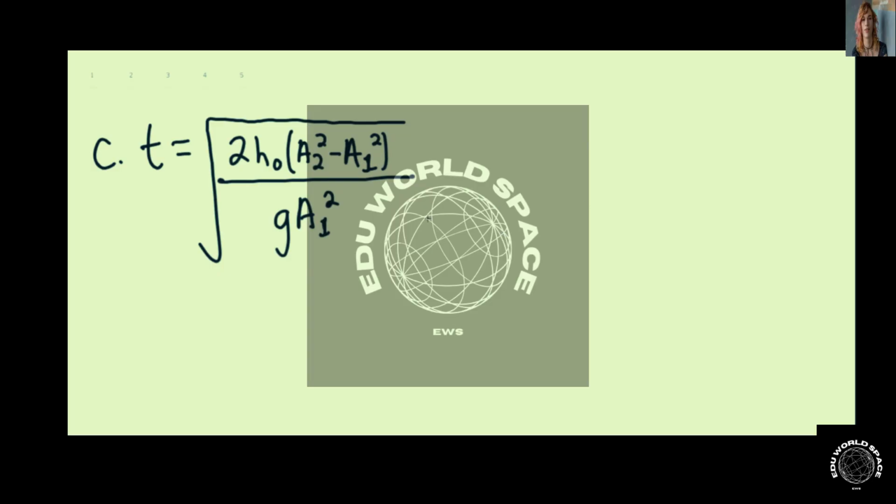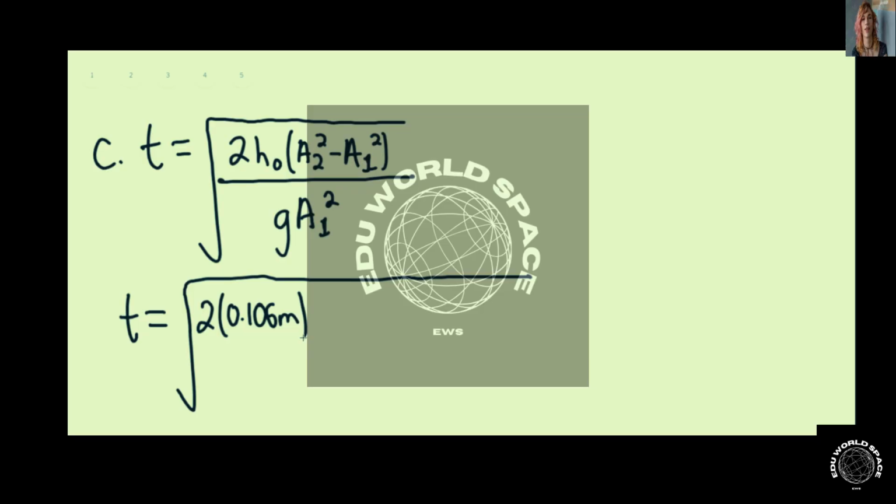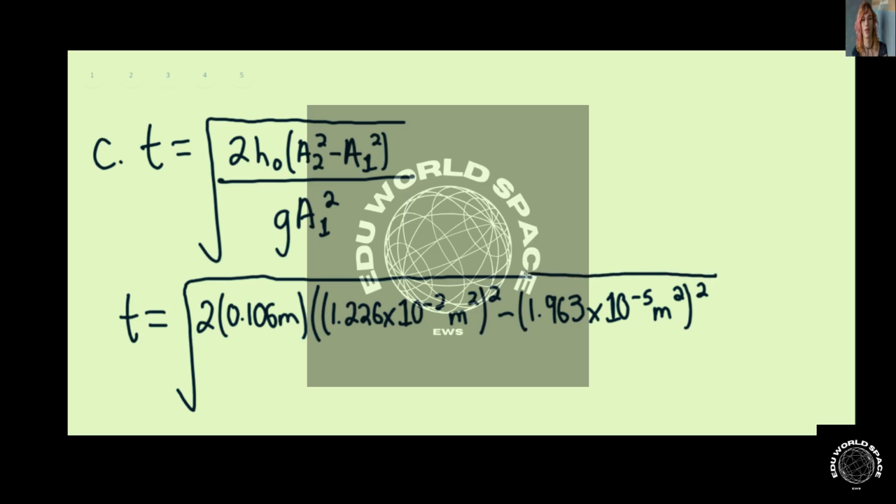And now we simply have to solve. So t is equaling the square root, it's going to be quite long, 2 times 0.106 meters multiplied by 1.226 times 10 to the negative second meters squared quantity squared minus 1.963 times 10 to the negative fifth meters squared quantity squared, close parentheses.